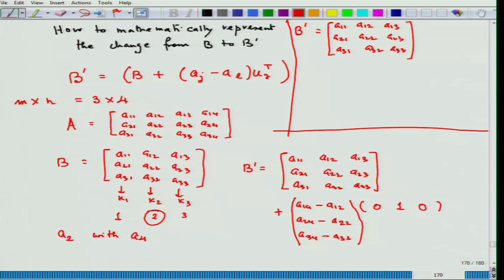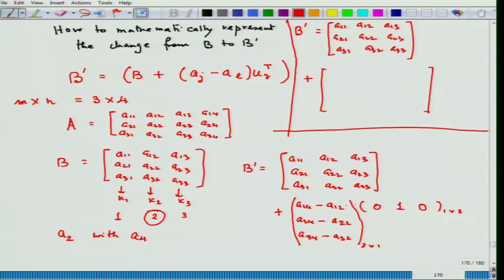Now, if I do this matrix multiplication, I will have a matrix; this is 3 cross 1 and this is 1 cross 3. So, you will have a 3 cross 3 matrix, which is what we require. What would be that 3 cross 3 matrix?